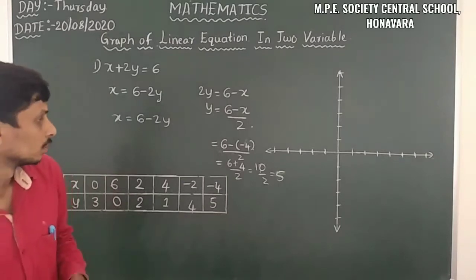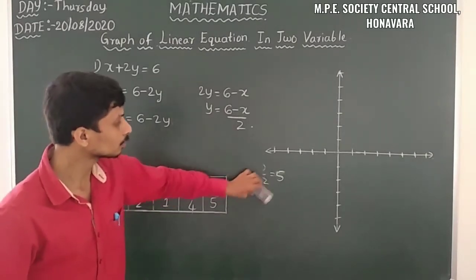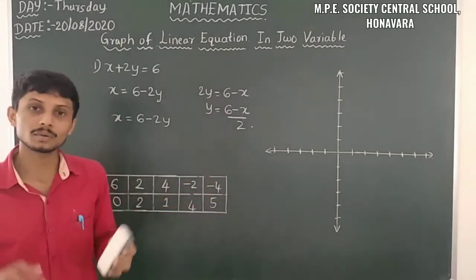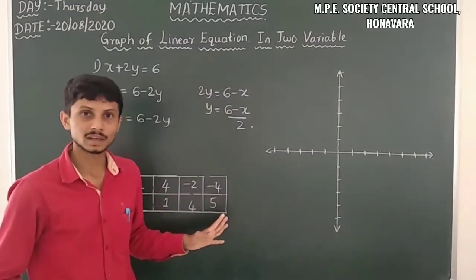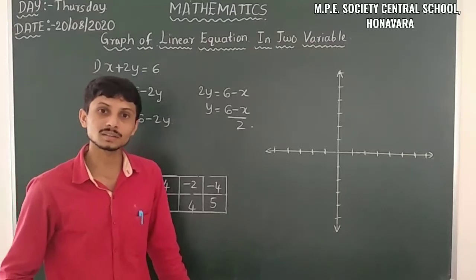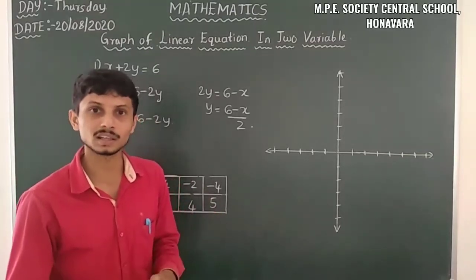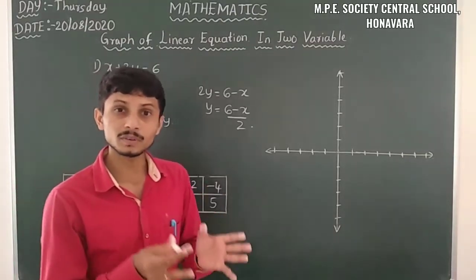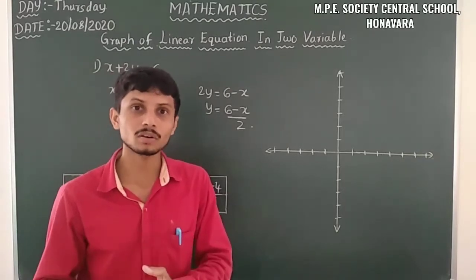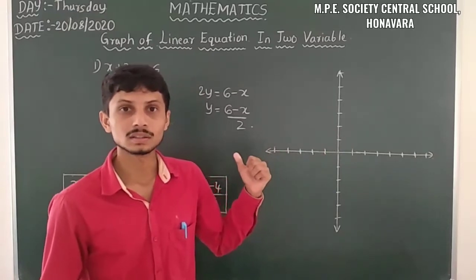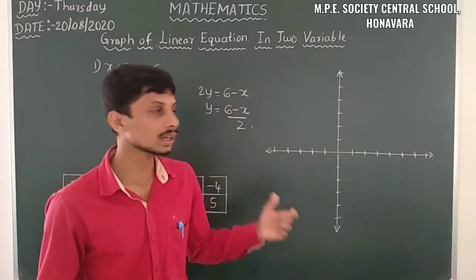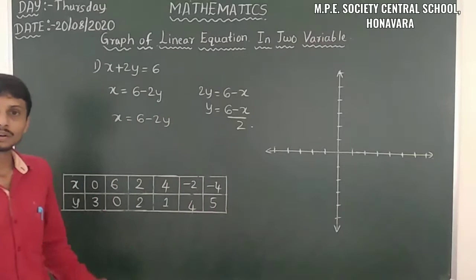So, like this, you have to substitute the value of x by the inspection method, and we get the corresponding value of y. Remember, if both the x coordinate and y coordinate are integers, it's easy to draw on the Cartesian plane. Okay, so let us observe here.